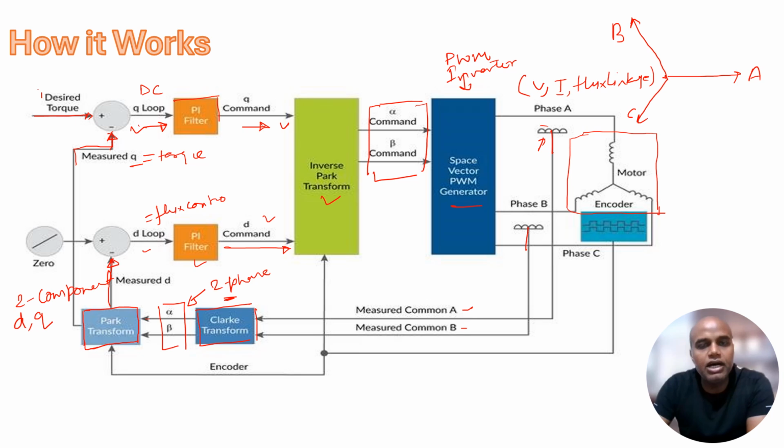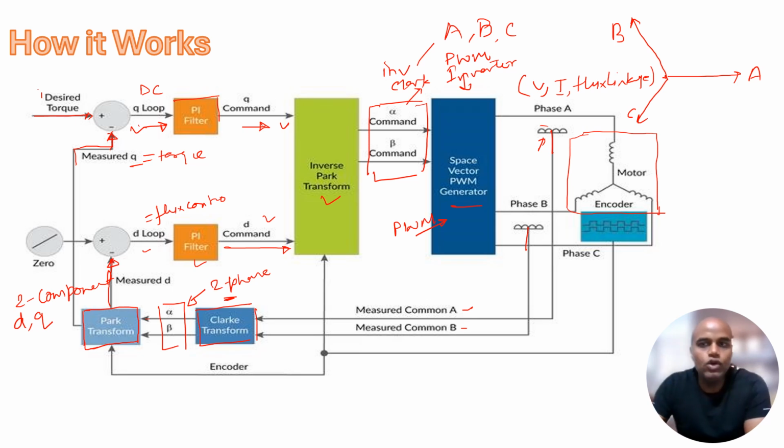If I'm using a simple PWM inverter, this alpha beta command again has to go through the inverse Clarke's transformation, which converts it into the three-phase system A, B and C, which controls the pulses and the width of my PWM inverter. The PWM, how it works and how the switching happens, we will take separately next.